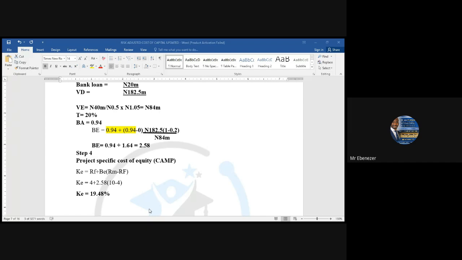Risk. But if you use 17%, it will give you higher NPV than 19%, because the higher the DCF, the lower the NPV.